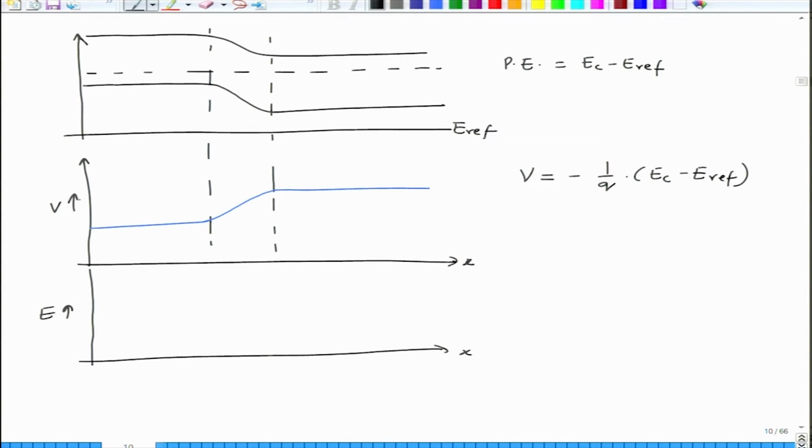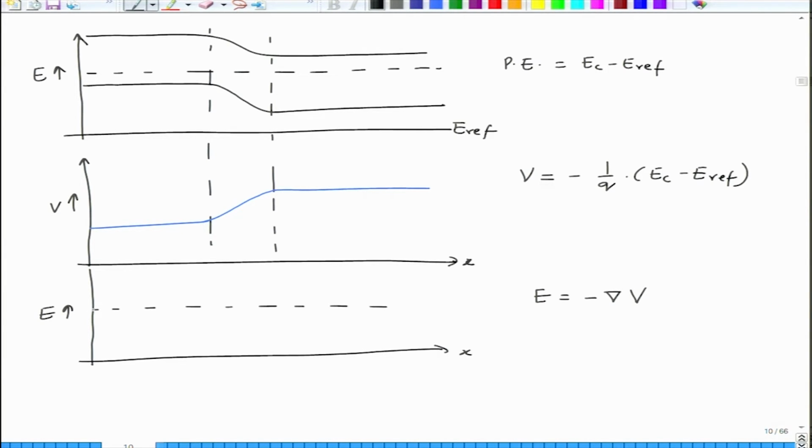Now let us plot the electric field. This will be useful when you learn the PN junction. Electric field is minus of del V, right? So electric field by definition is minus of del V. If you now plot the electric field, in this part it is 0, in this part it is 0.